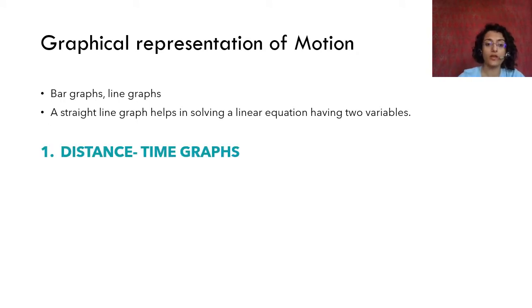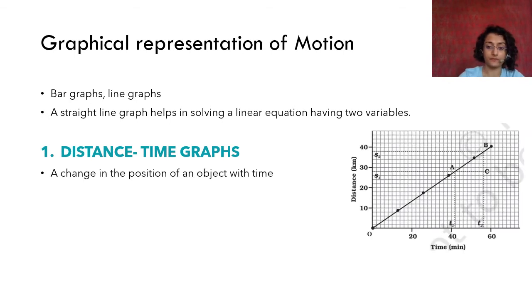We are going to first talk about the distance and time graph. This will give us the change in the position of an object with respect to time, right? Since we are talking about distance, we are talking about the physical position of an object with respect to time. So we will see how things are moving, how the distance changes with changing time.